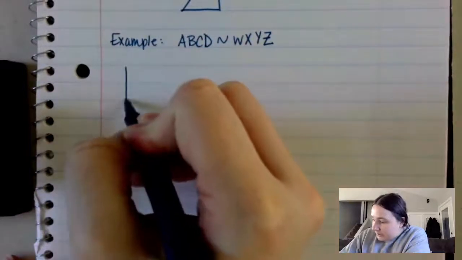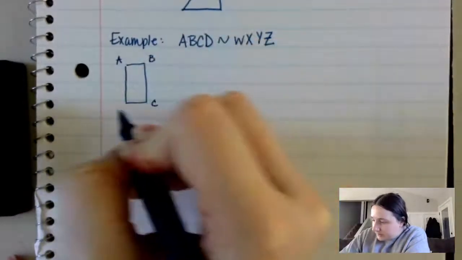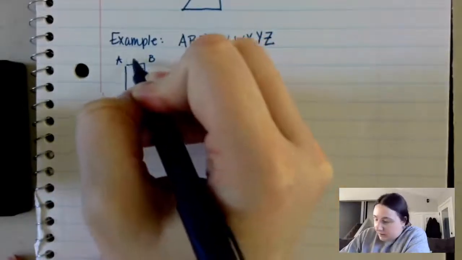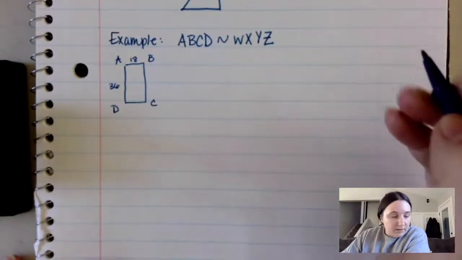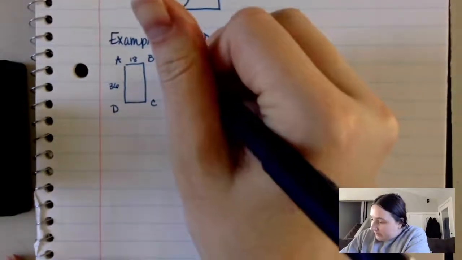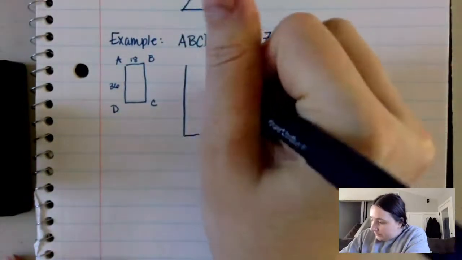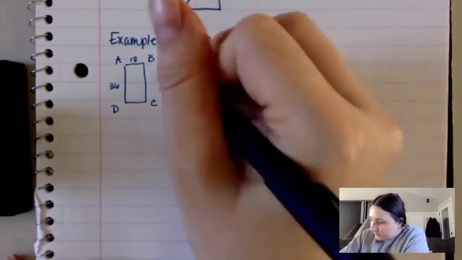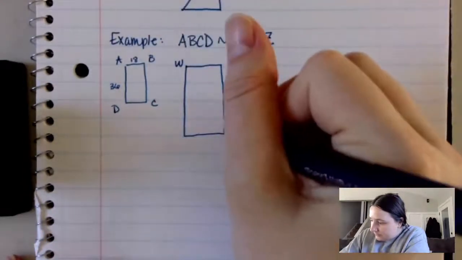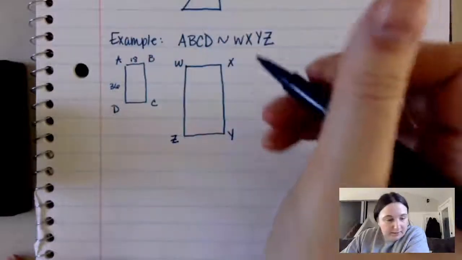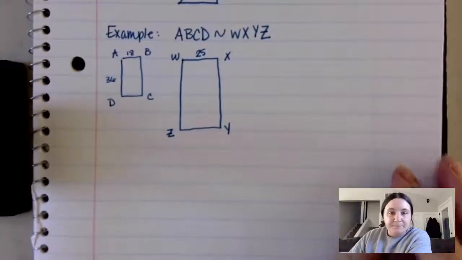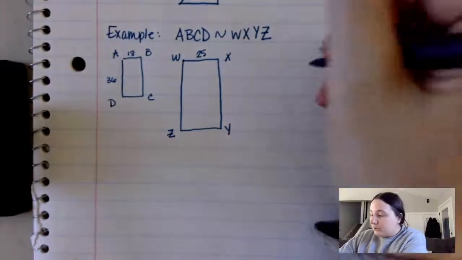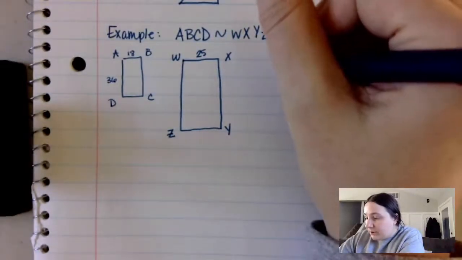We have a picture here of rectangle ABCD, and we know this side is 18 and this one's 36. Then we have a bigger rectangle WXYZ, and we know just the top side is 25.